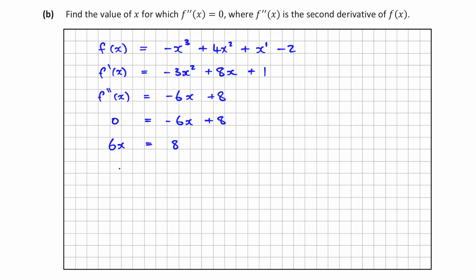And to find out what x is, I divide both sides by 6. So 8 over 6. And 8 divided by 6 will simplify down to 4 over 3. Okay? And if I'd found that in the 2019 paper, I would have got 5 marks for that. Okay, so very straightforward differentiation question there, right?